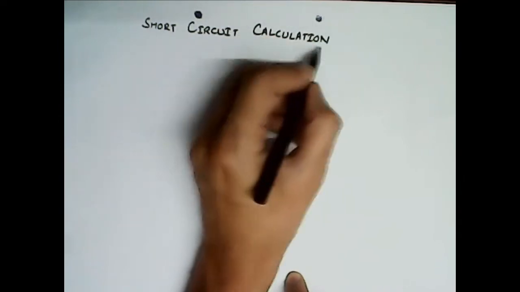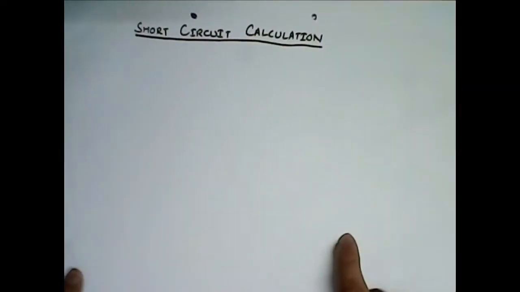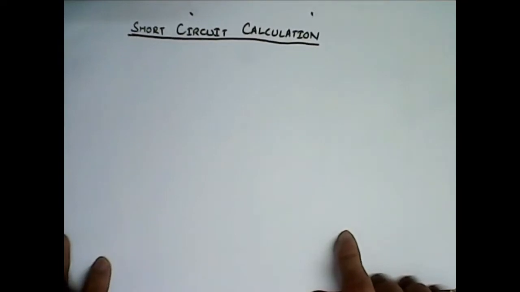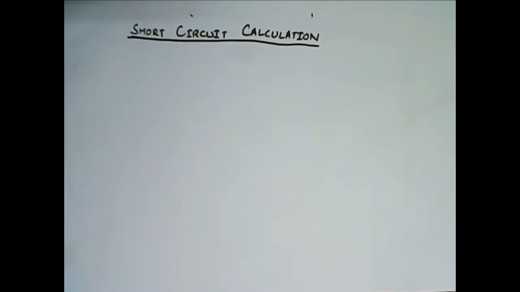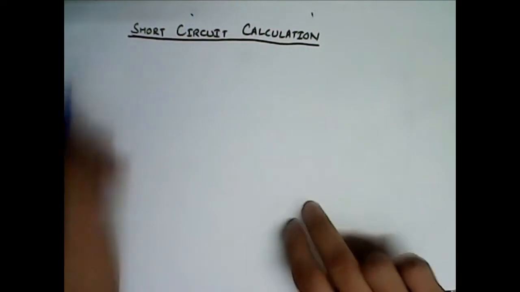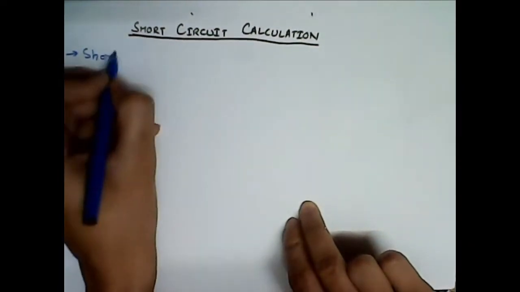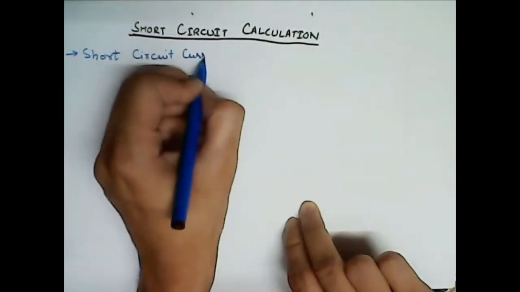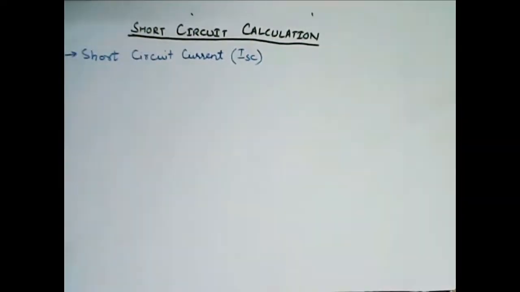So always remember that whenever we are talking about short circuit calculation, there are three parameters involved. The first one is of course the short circuit current, which we usually refer to as ISC, right?